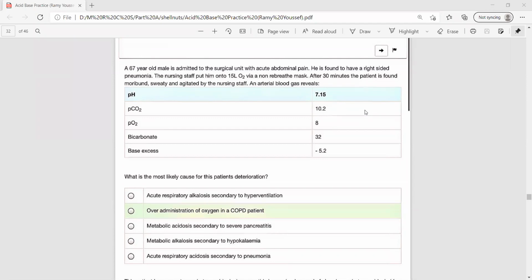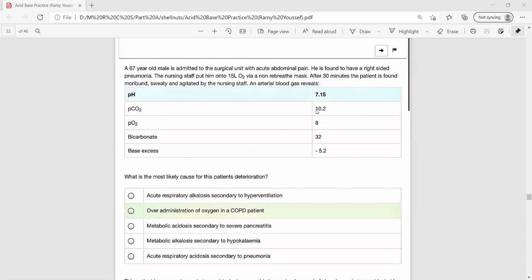If you give him high concentration oxygen, you will stop his CO2 respiratory drive, and the patient will go into apnea and into an acute condition, acute on top of chronic respiratory condition.